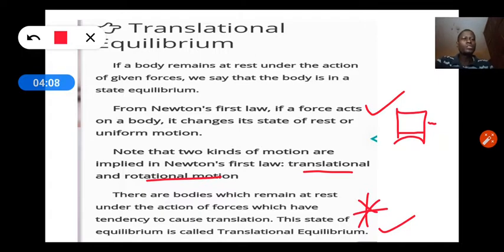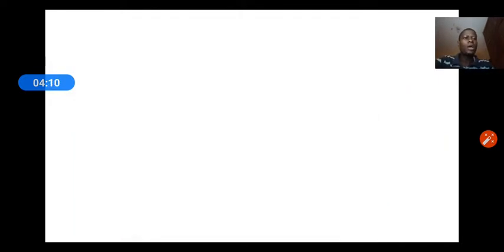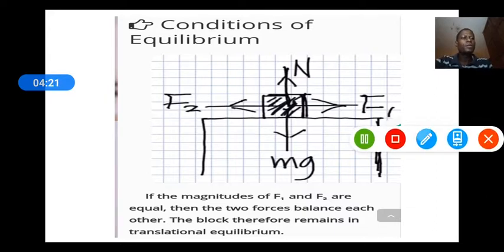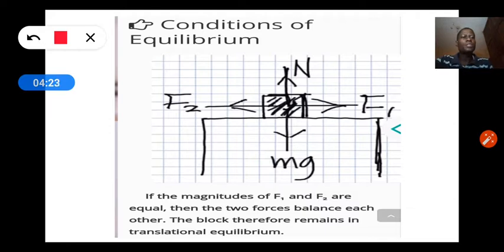So let's forge ahead and see what we have on our next slide, and let's look at the conditions of equilibrium. Now you see the object I have on the screen here. That's a block resting on a table.